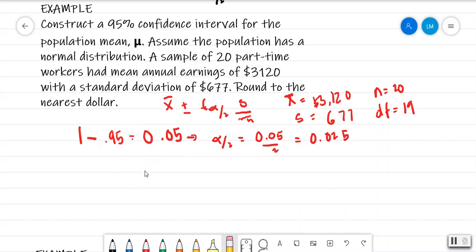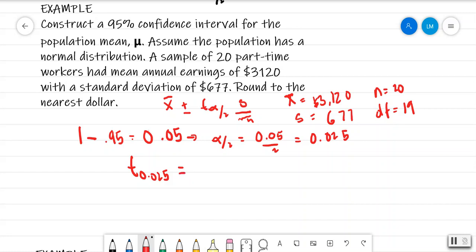So let's do this a little more accurately, where we have t sub 0.025. In any case, we're looking for when the area is 0.975. But we can do this by using our calculator.